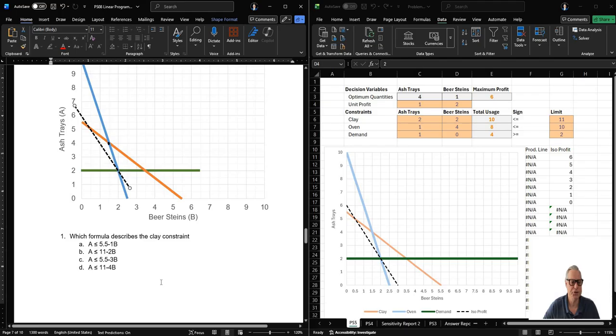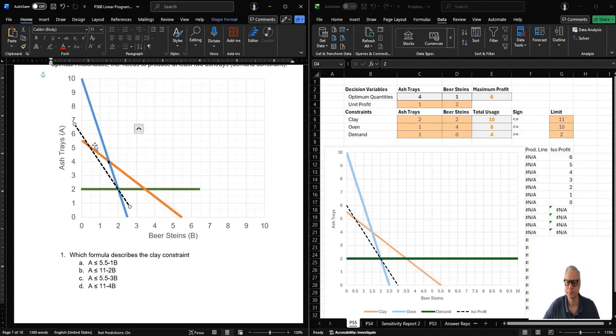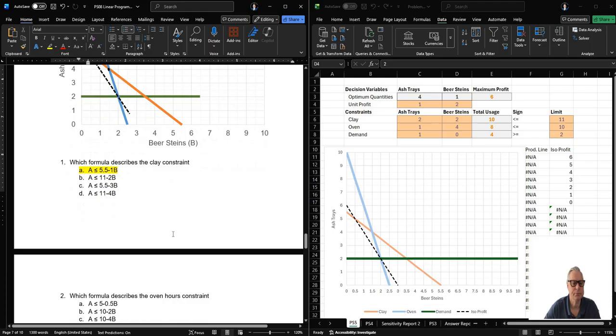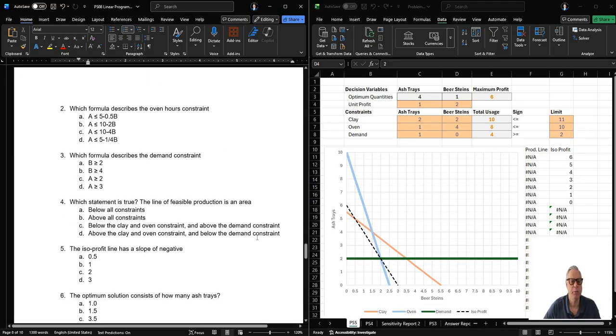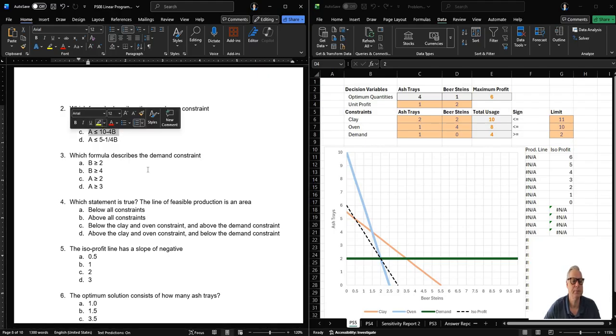Which formula describes the clay constraint? So that's the orange one, and that's 5.5 minus 1. Which formula describes the oven constraint? That's the 10 minus 4, B. Which formula describes the demand constraint?